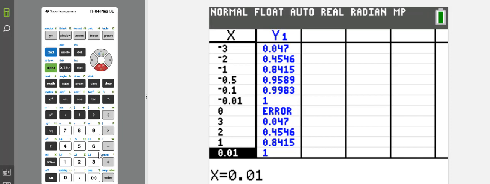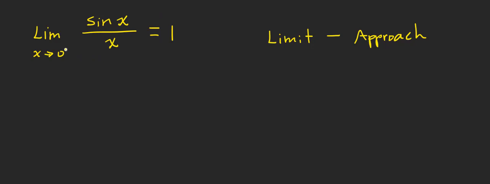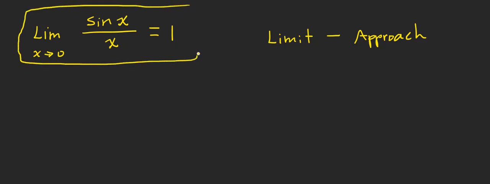I'm getting close to 0, 0.001. As you can see, as we approach 0, either from the left or right, we're approaching 1. So when you evaluate the limit of sine x over x as x approaches 0, the answer is 1. And this comes in very handy, so you need to memorize this.